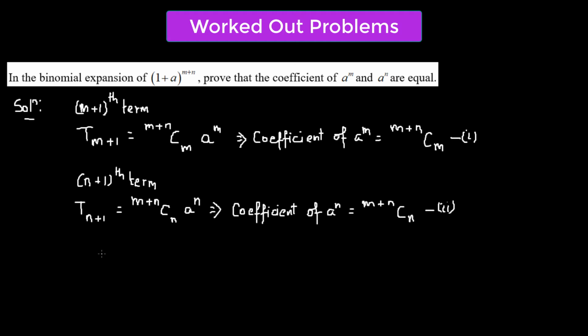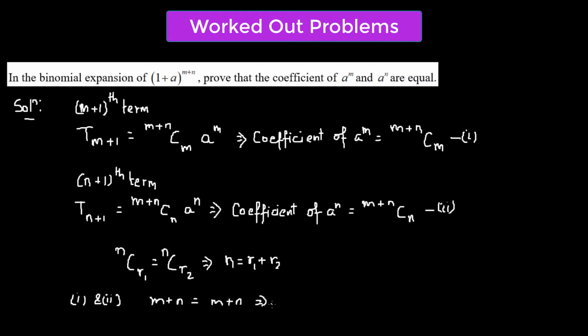Now there is a rule which states that if we have nCr1 equals nCr2, then this implies that n must be equal to r1 plus r2. So from equations 1 and 2, we see that m plus n is equal to m plus n.